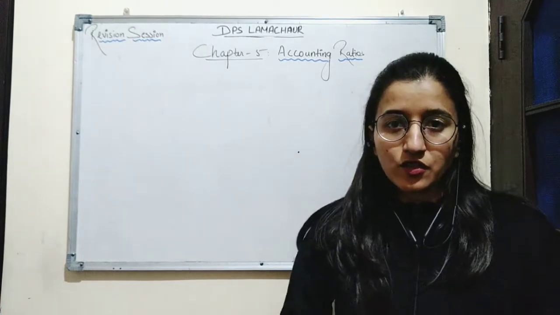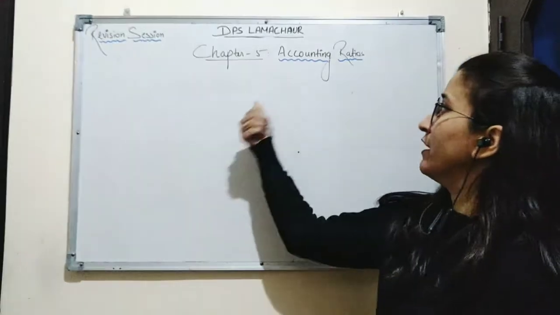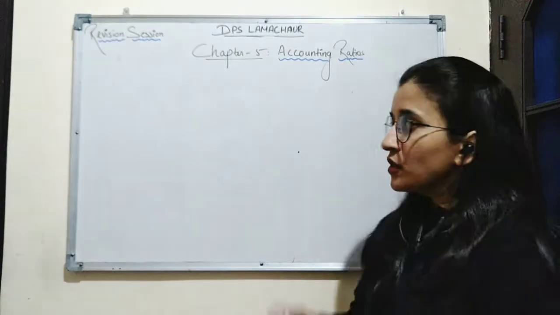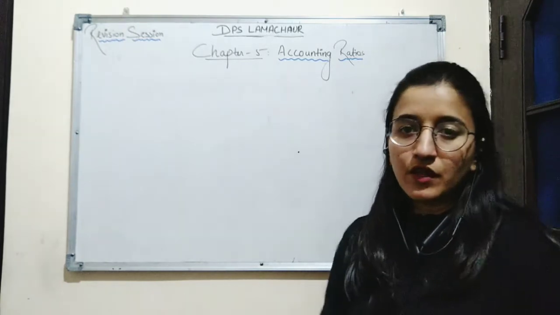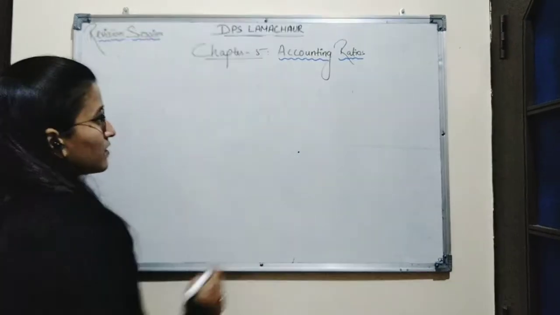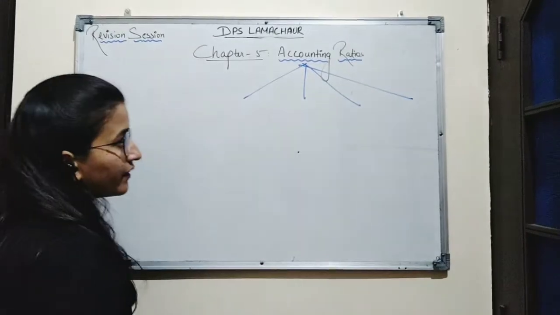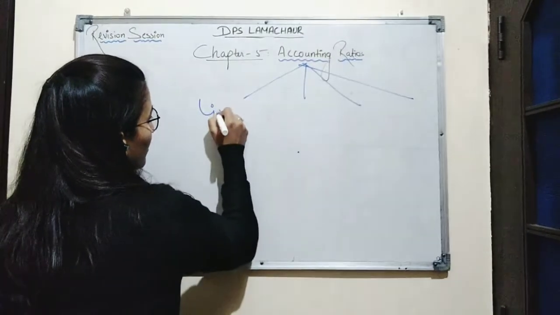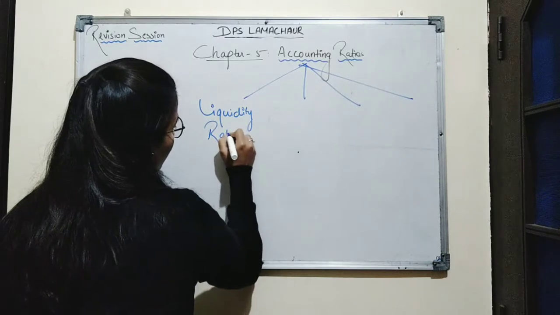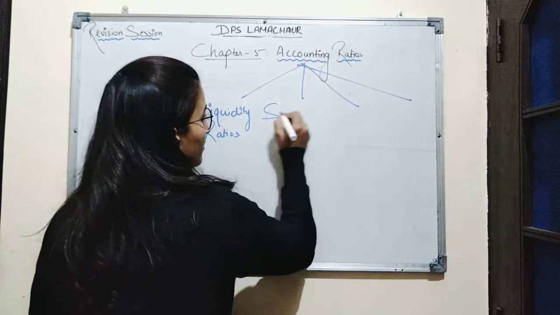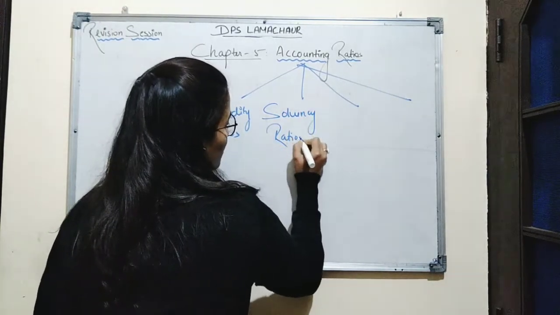Today in this video lecture, we'll be doing the revision session of accountancy, chapter number 5, accounting ratios. As we have discussed in the previous videos, the concept of accounting ratios is basically classified into 4 categories. First is liquidity ratios. Second is solvency ratios.